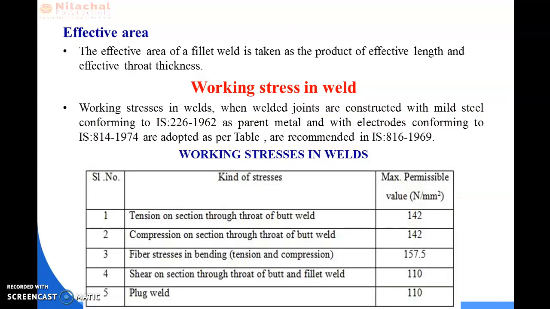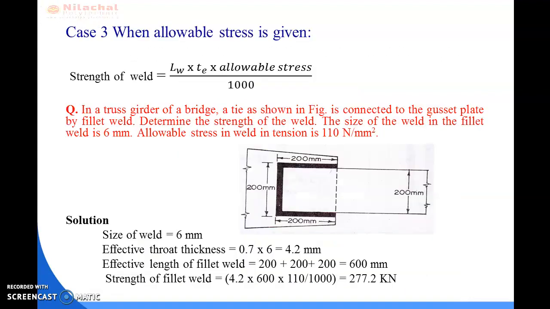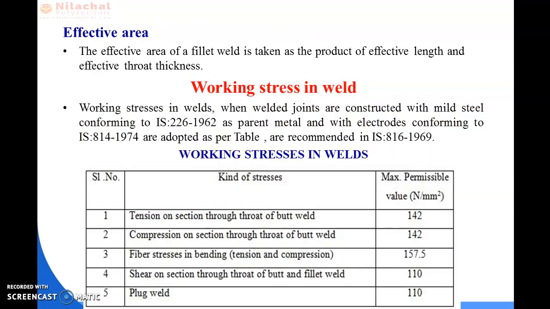So according to the types of stresses given in a welding connection, your permissible stress, or you can say the allowable stress, is different. So here is a table in which you can see various types of allowable stress or maximum permissible stress in Newton per mm square according to the types of the stresses.